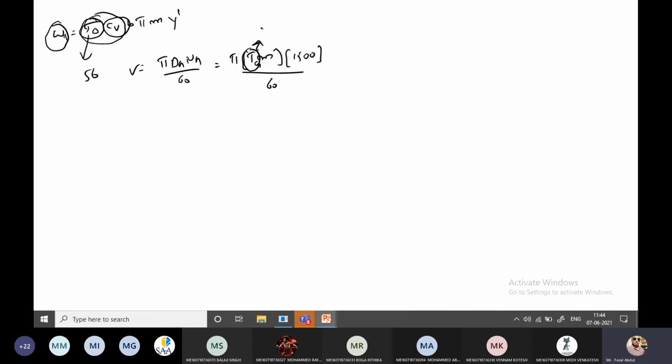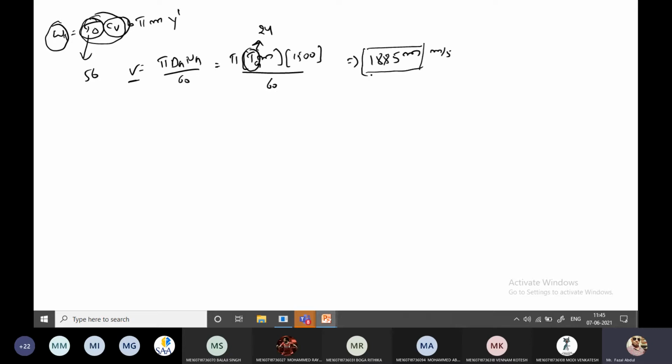Tg is 24. Simplifying, pitch line velocity is 1885 module meter per second. Because we don't know the module, the pitch line velocity comes in terms of module.